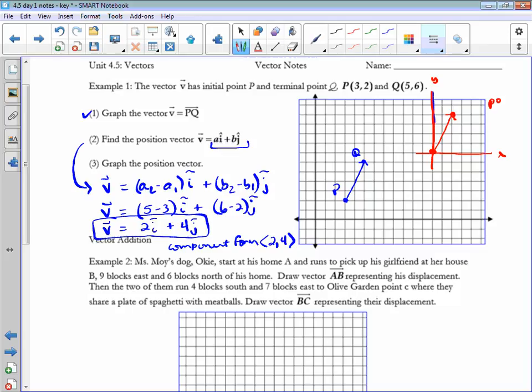That is the position vector. Do you guys see how they would be equivalent? They have the same magnitude, they have the same direction. Okay, you're just moving it to start from the origin instead of just starting randomly on the grid. We don't have to make a separate graph. Well, part 3 said graph the position vector, so you can do it on the big one.